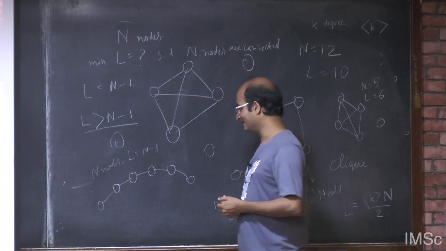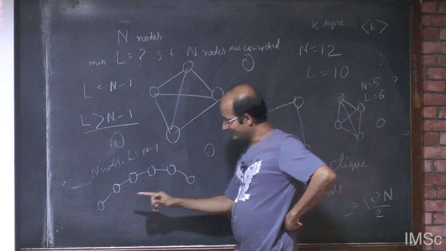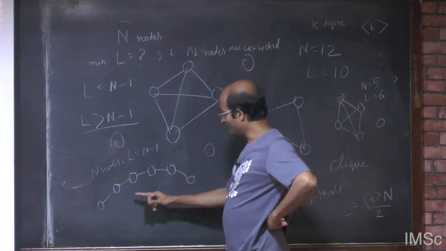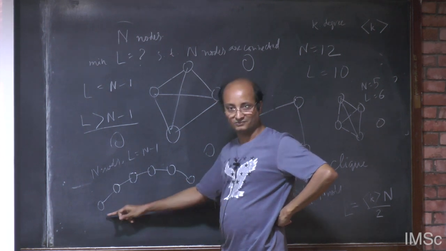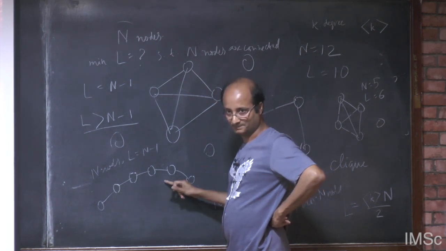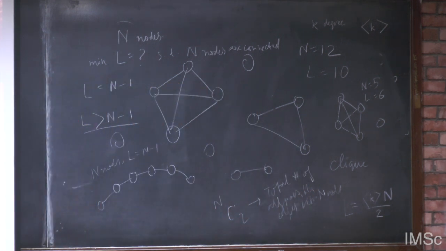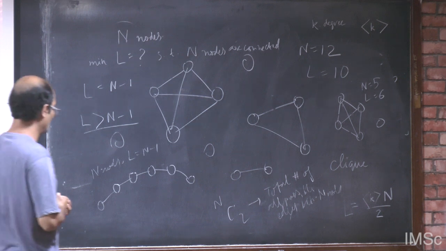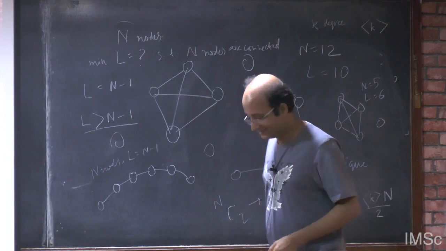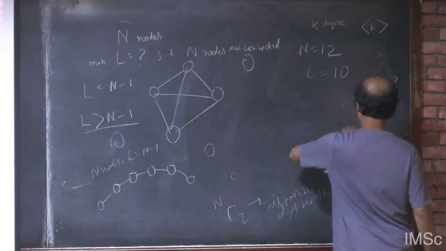I'll talk about that in detail, but you can easily see that typically it would require order of n hops to go from one point to another, if you just work out the average. So that means that if I have n nodes and n minus 1 edges, typically the average path length would scale as n. But now I tell you, what if I give you a network which looks like this?